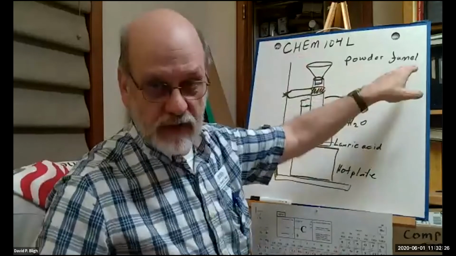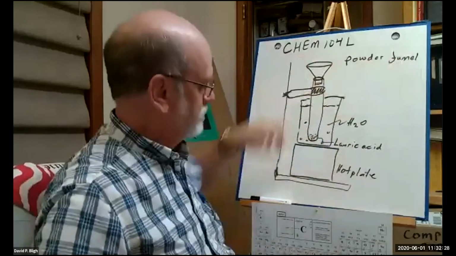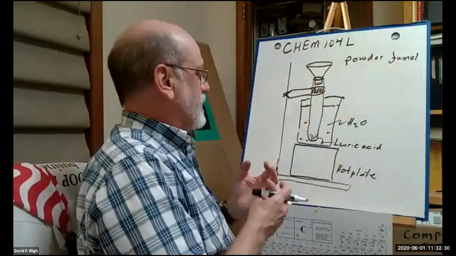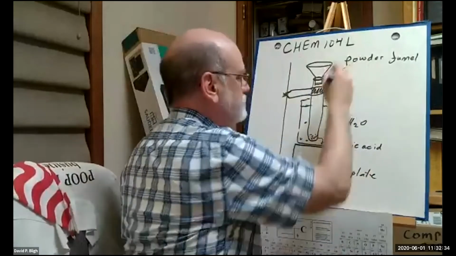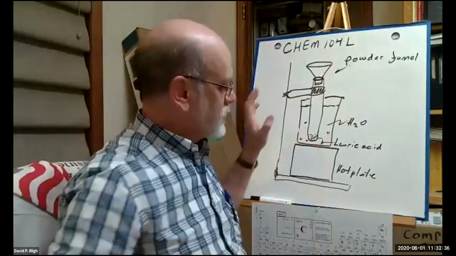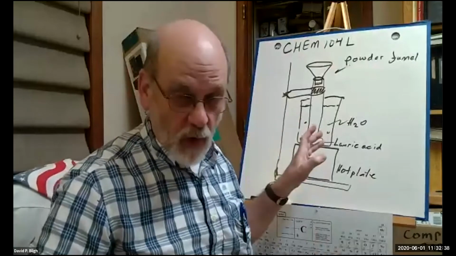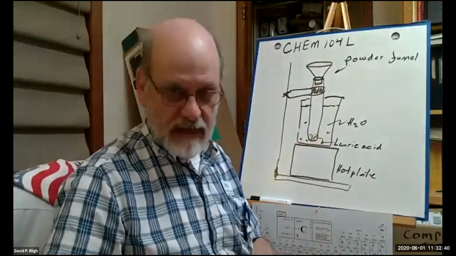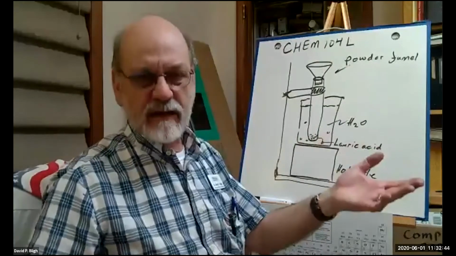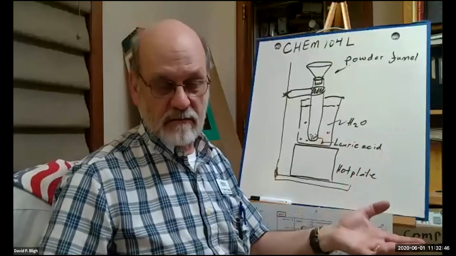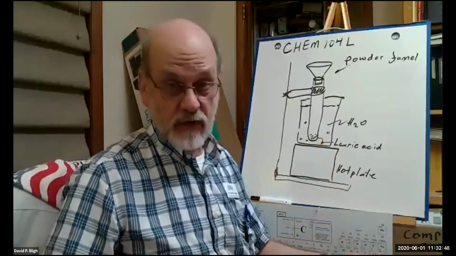So add that to your list, powder funnel. Okay, after the substance is added, then you submerge it in the boiling water and heat it till it melts. And you want to exceed 60 degrees centigrade. Say go up to 70, 75 degrees.